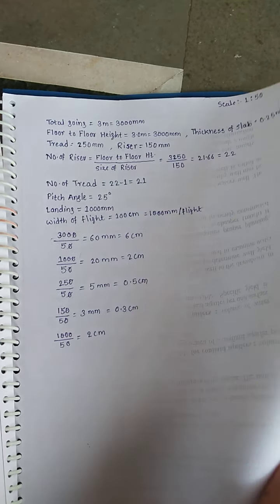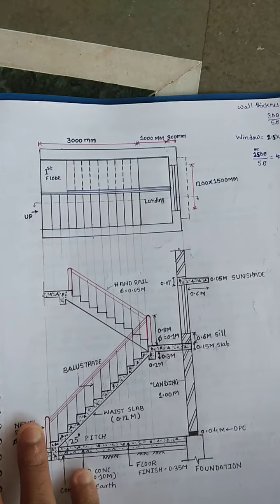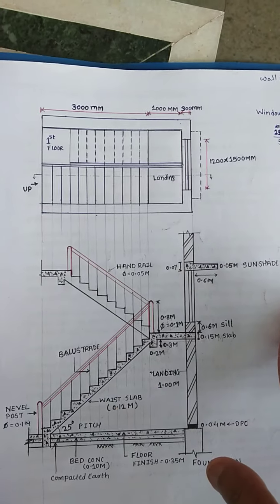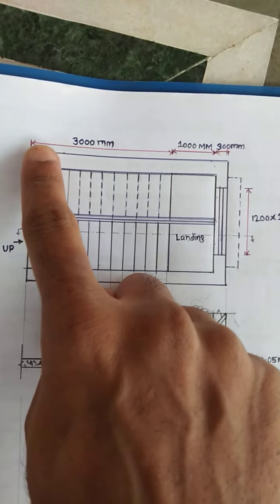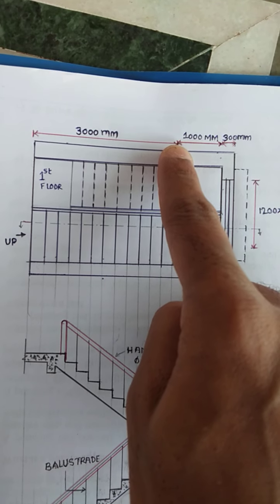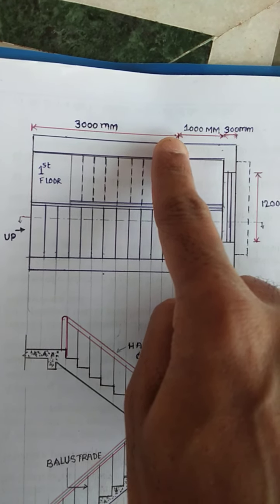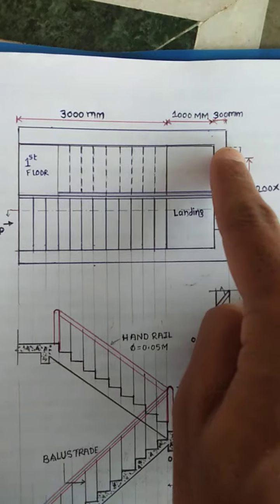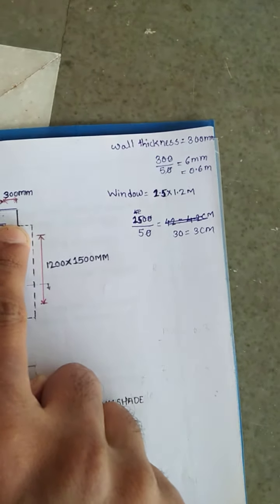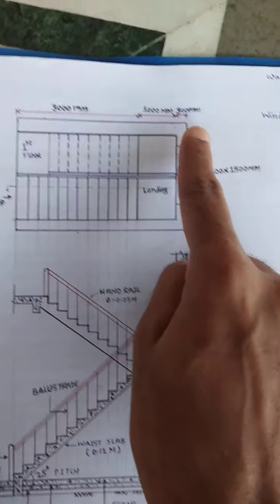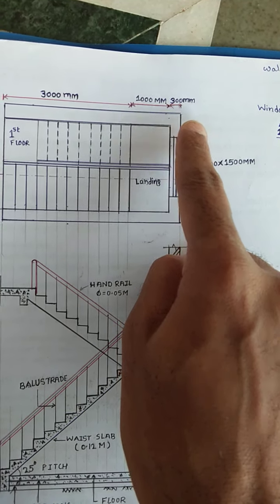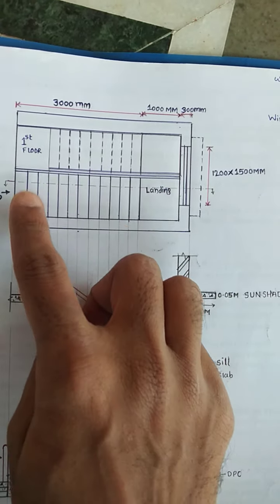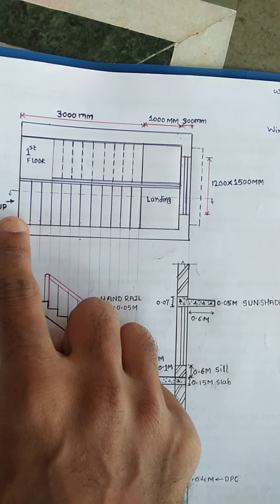So let me start with the drawing of the staircase. According to the given data, our total going is 3000 mm or 3 meters, the landing passage is 1 meter, and the thickness of the wall I considered as 300 mm. So this is the thickness of the wall. Next, we have to draw the treads.